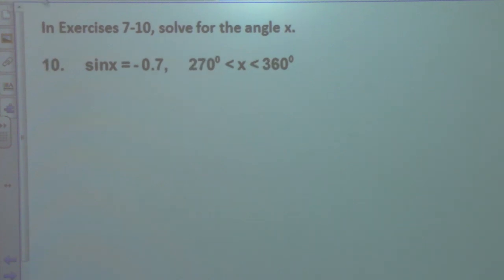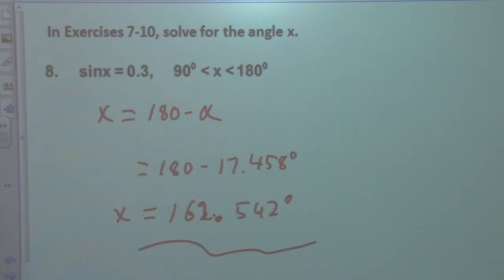And the last one we're looking at is number 10, and what's number 10 going to be? Do you subtract that number from 360? Yeah, so you subtract your reference angle from 360. So what is our reference angle? 44.427.